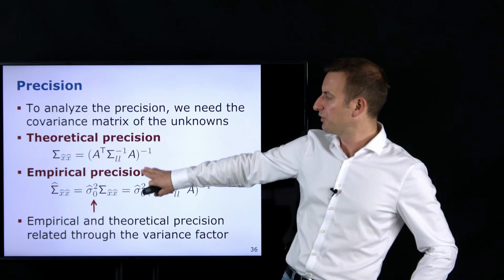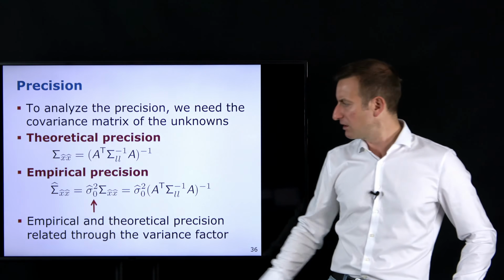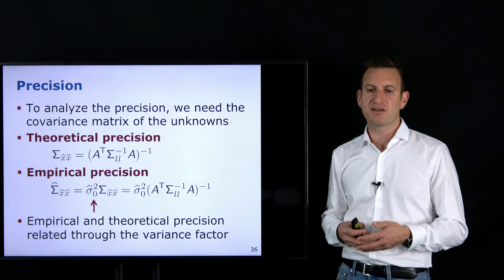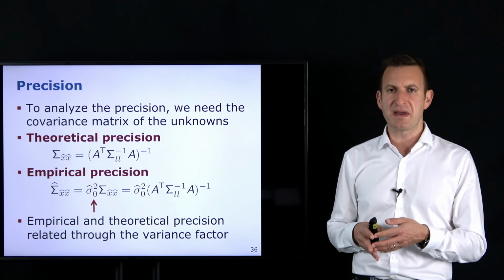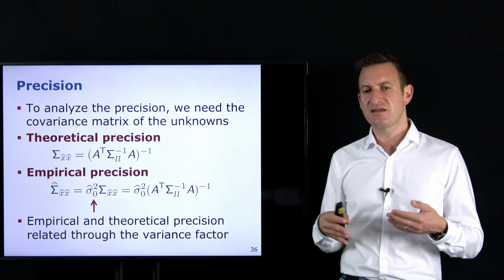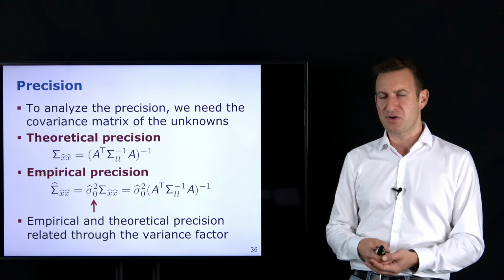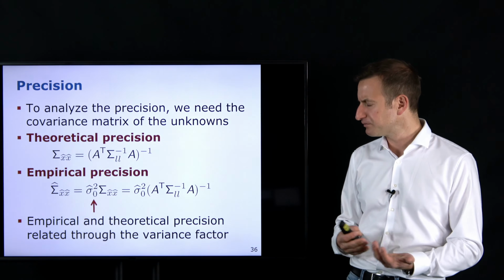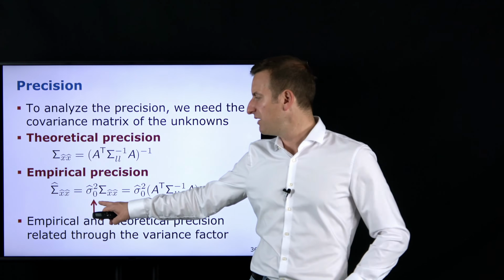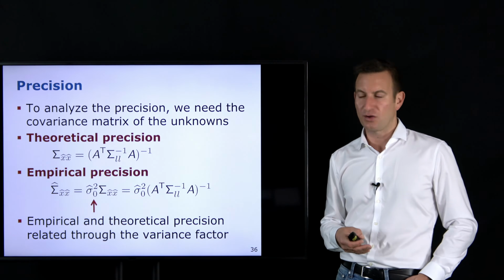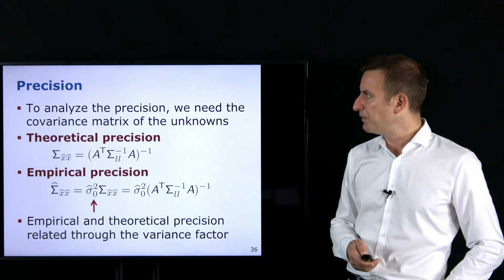The theoretical precision and the empirical precision are identical up to a scale factor, and this is the variance factor. The variance factor basically takes into account the remaining residuals that I have and the number of observations minus the number of parameters that I actually need to estimate. And what I typically want to have, if my model choice was right, is a variance factor that is close to 1. So how do I compute it?